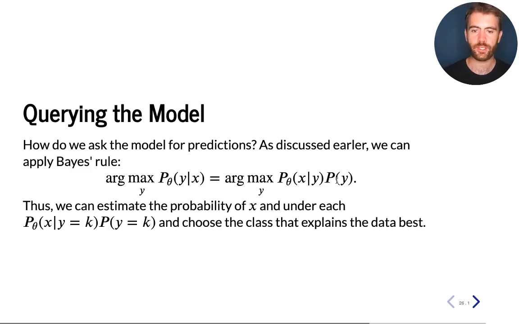The interpretation of this equation is that we have a point x, and we're looking at the probability of this x under all the different classes, under all the different models that we have for each class. And we will simply say that this label corresponds to the model under which this x has the highest probability.